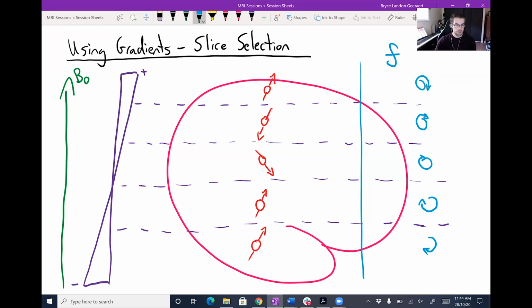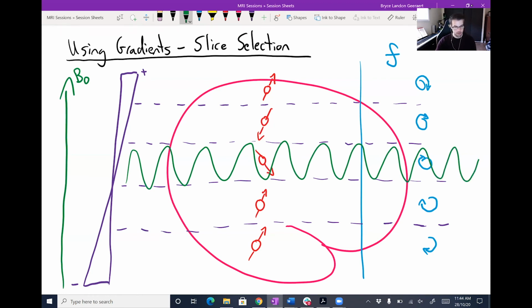Now, what this means is that the B1 field can be applied at frequencies which have an outcome on which slice of tissue gets influenced. Because we need to achieve resonance for spins to actually tip effectively, if we apply the B1 field at the standard default precessional frequency that we would expect based on the Larmor equation, gyromagnetic ratio multiplied by B0, we would influence spins in this slice, right?